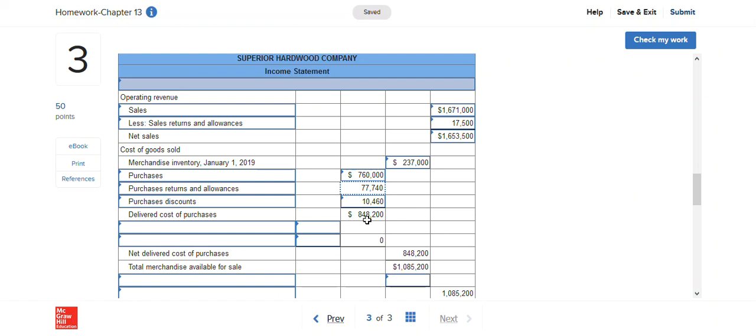And it looks like it added these things up to give us a delivered cost of purchases. Except, I bet it's wanting a minus here because it's adding those up. So let's try that.